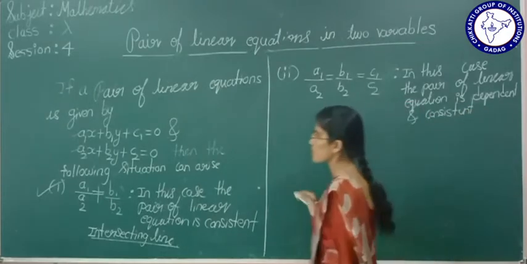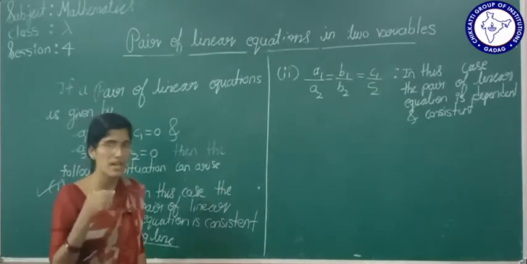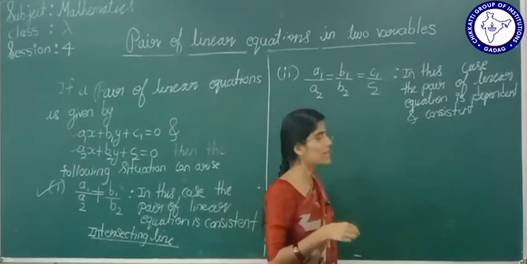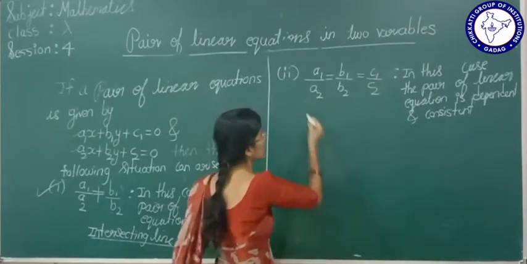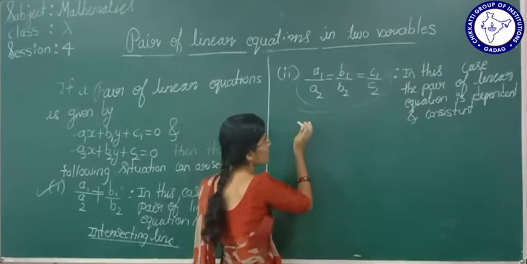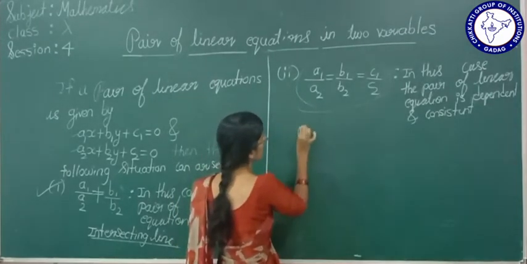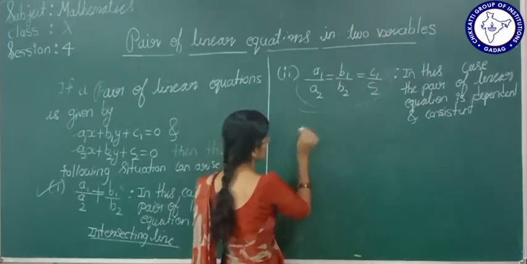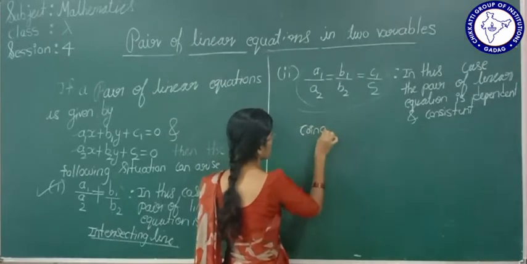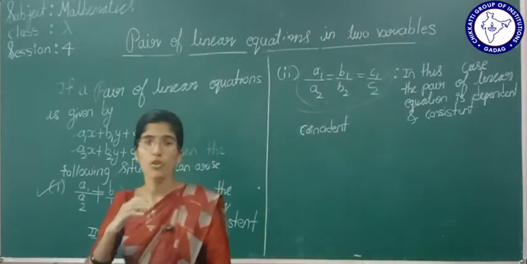If you got a1 by a2 is equal to b1 by b2 is equal to c1 by c2, in this case the pair of linear equations is dependent and consistent. It means if you got this condition, then the graph of the pair of linear equations is nothing but coincident. They are going to coincide.